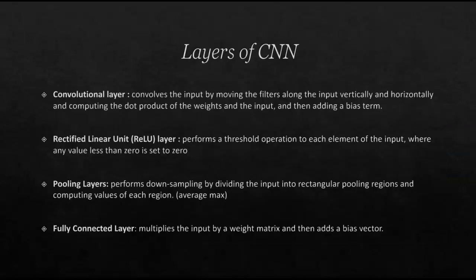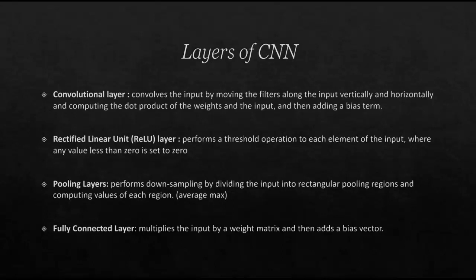Layers of a CNN, which stands for convolutional neural network. The convolutional layer convolves the input by moving the filters along the input vertically and horizontally and computing the dot product of the weights and the input, and then adding a bias term. The ReLU layer performs a threshold operation on each element of the input, where any value less than 0 is set to 0.